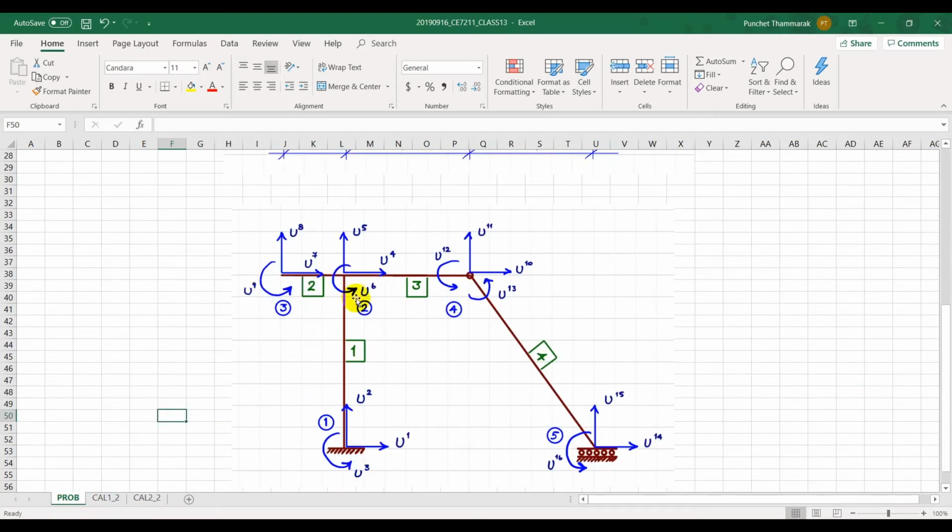This node is the node number 2, and this is node number 3. So previously, we used the starting node as number 3 and pointed to number 2. But here, I think maybe it is easier to keep it 2 and 3. So the order of the degrees of freedom starts from 4, 5, 6 and is followed by 7, 8, 9. So we don't switch around the order. So I'm gonna make it 2 as the starting node and 3 as the ending node.